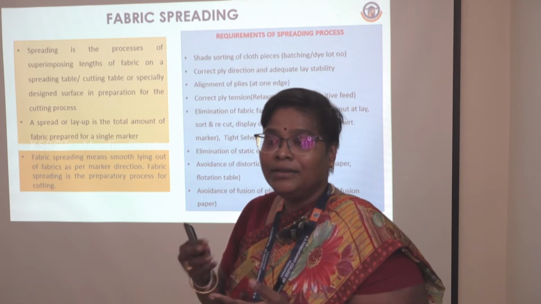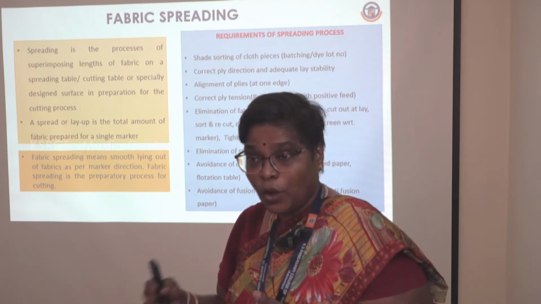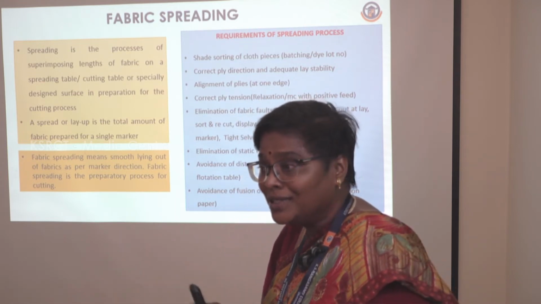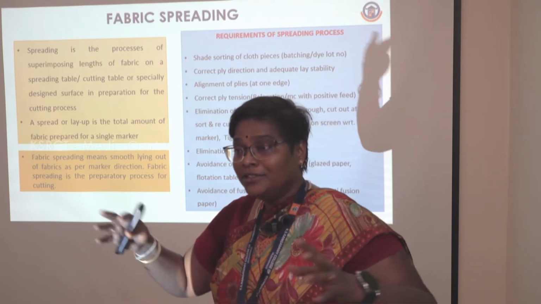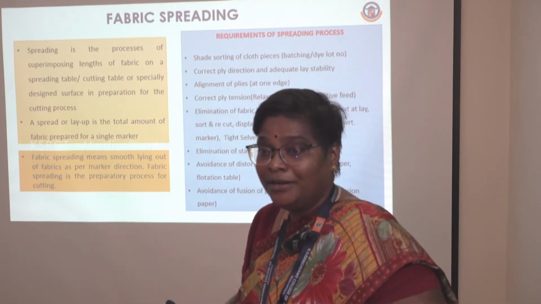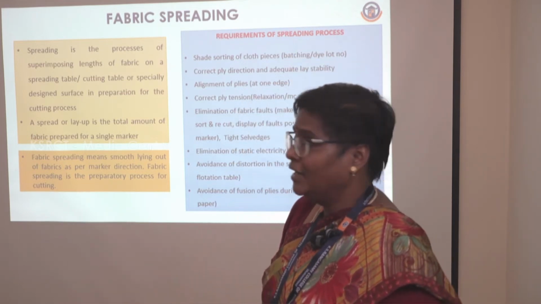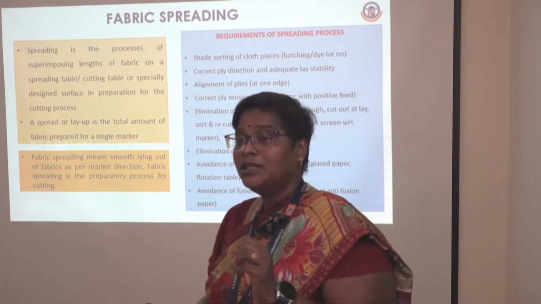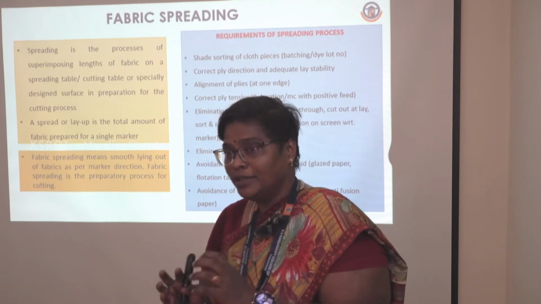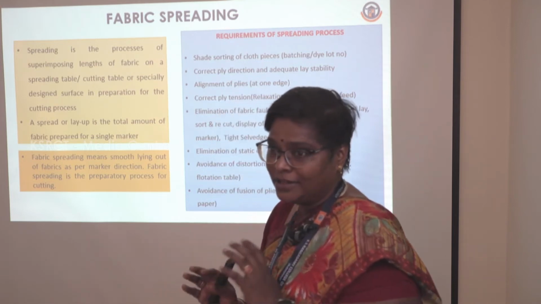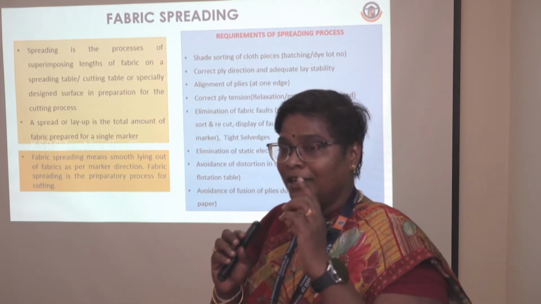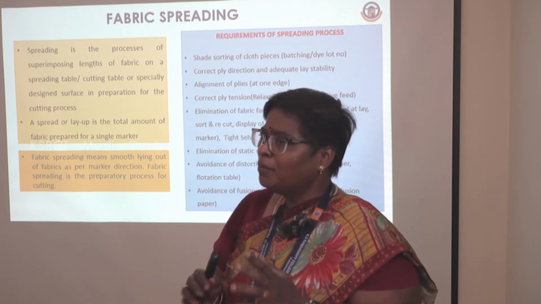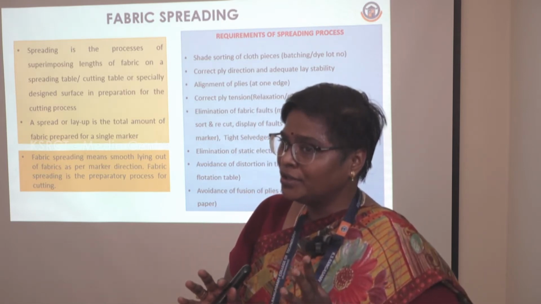We may need thousands of meters. It is not a single piece, nor can it be just 100 meters. When you say shade sorting of pieces for a batch, it is not 1 meter or something; it goes for thousands of meters, right? When you say thousands of meters, that becomes a batch. Is it possible for us to produce?